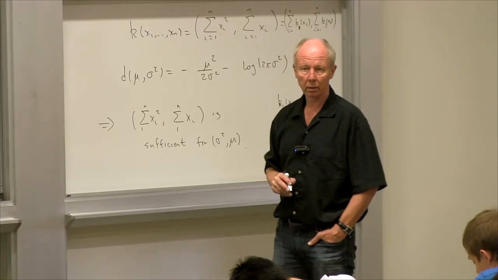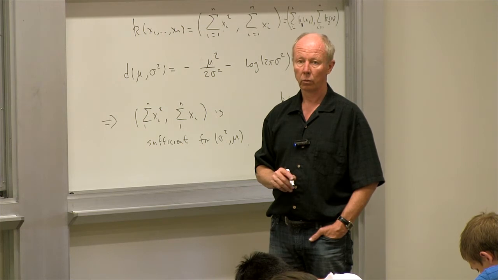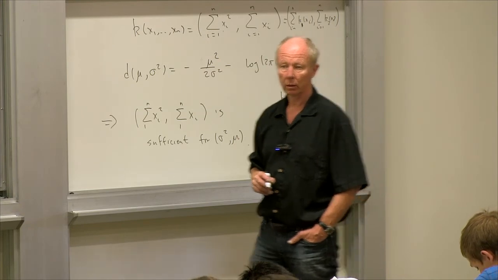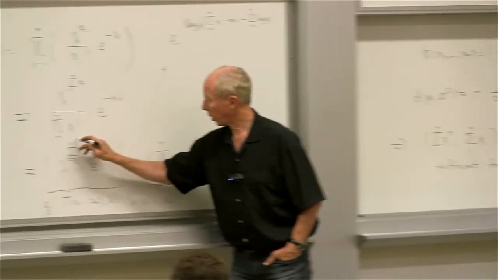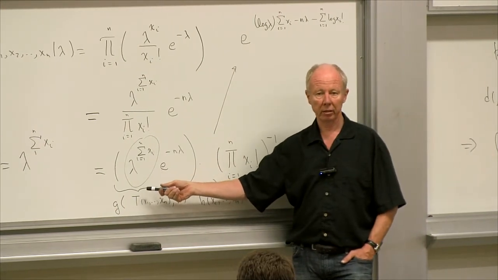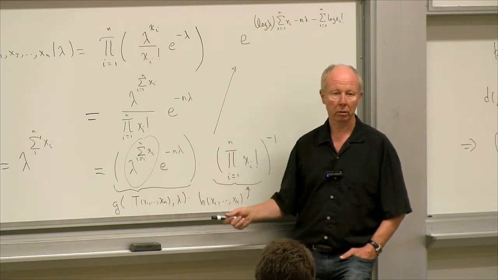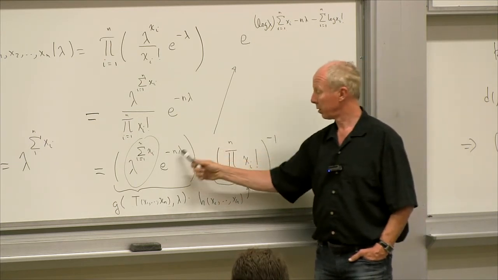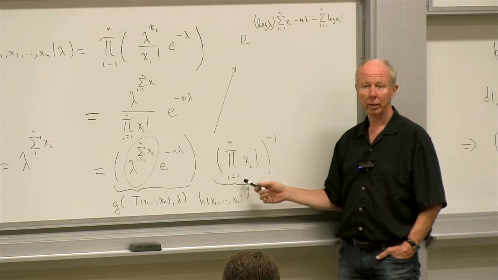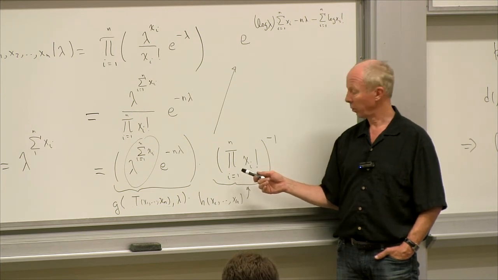I think I got that right. This part, how do I get that to look like this? Well, I write lambda as e to the log lambda. And it's raised to this power, so I have to multiply that by the log. That gives me this part. This is, well, I just wrote it again. And then here, I write this as e to the log of this thing, right? A is e to the log a.